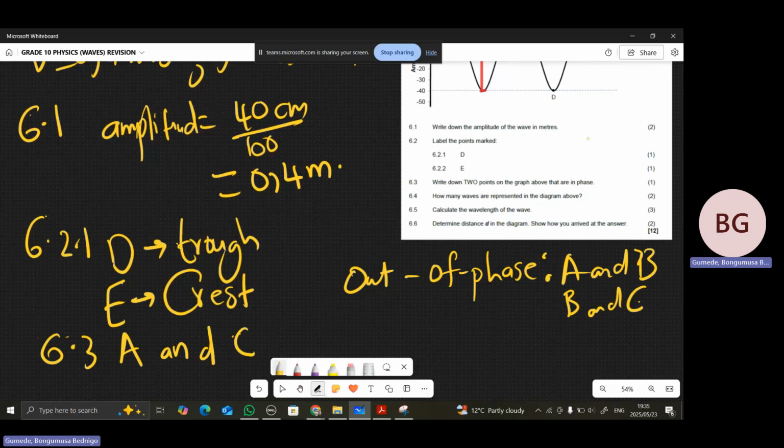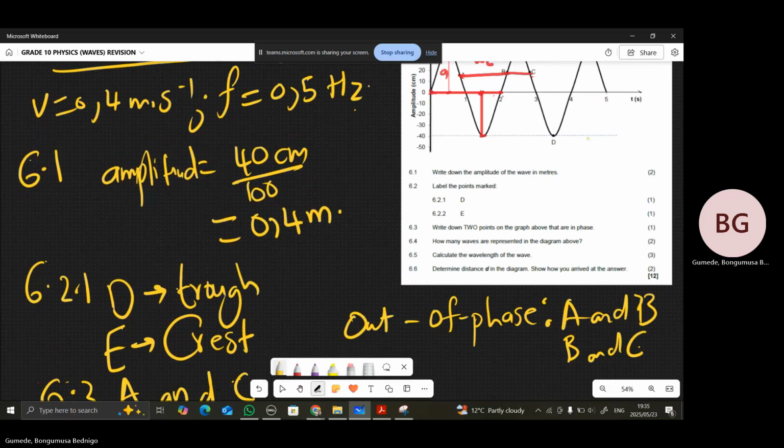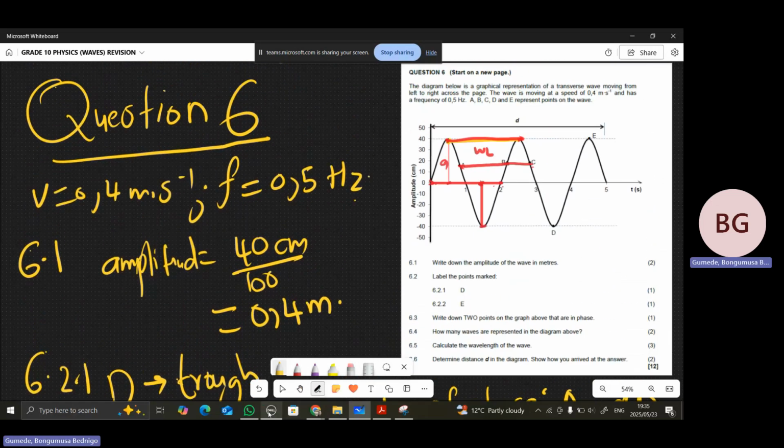6.4. How many waves are represented in the diagram? Now we need to understand what a full wave is. That distance that we drew there represents one wave. We can draw another one there. So this is the second wave, but the third one is a half.